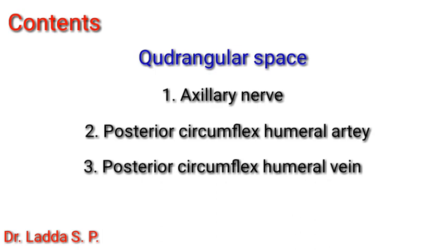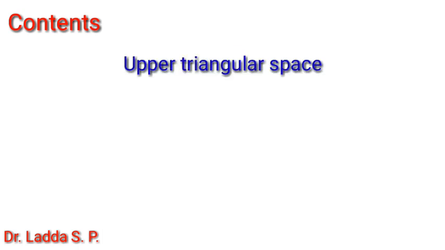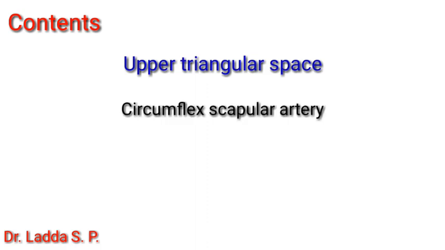Now this is about the quadrangular space. Now the upper triangular space: it contains the circumflex scapular artery, or you can say the circumflex scapular artery passes through the upper triangular space.